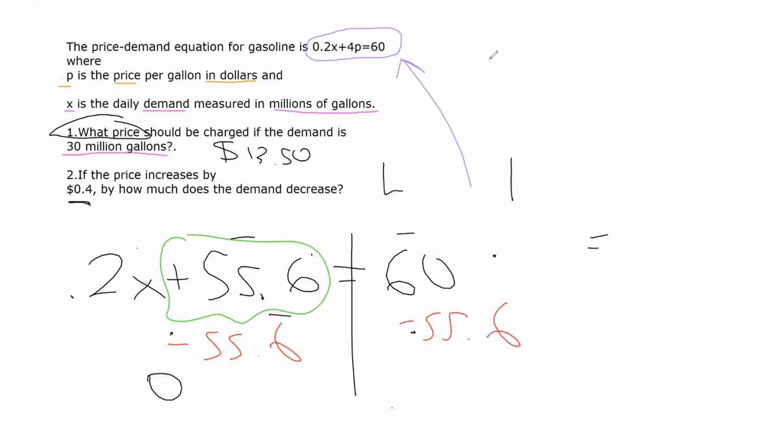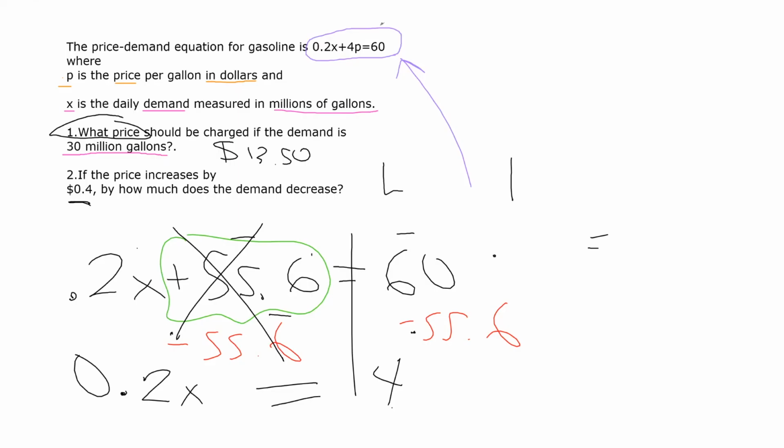I have 0.2x. That's sloppy. Skeletor wouldn't like that. This went away, 0, goodbye. 60 minus 55.6 is 4.4.